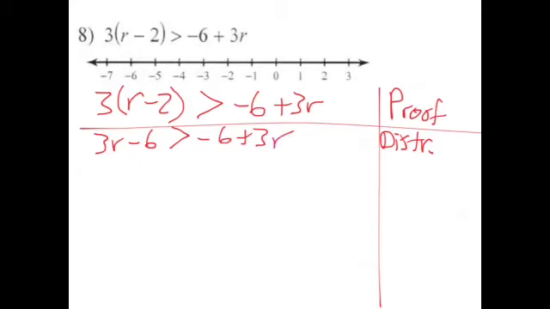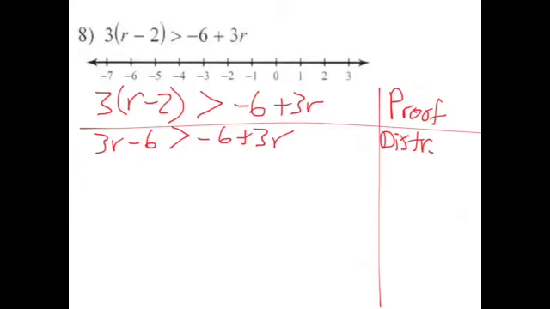If you really look closely at this right now, you'll notice we have the same thing on each side. And if you have the same thing on each side, no matter what you do, if you keep going with your steps here, you'll get 0 greater than 0.